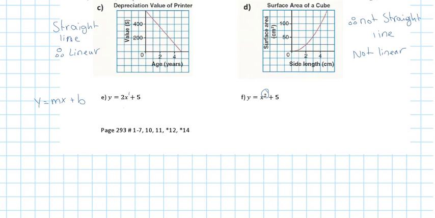So it looks like y equals mx plus b with a degree 1. It's degree 1 on the x, so that means it's linear.